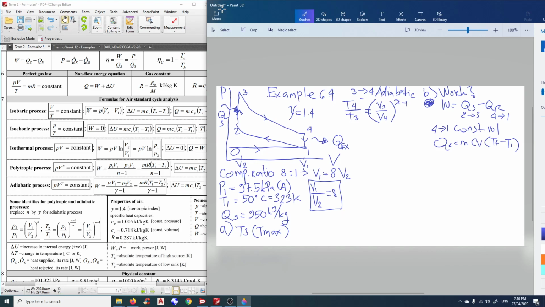We're looking for T4, and V3 over V4. Well, let's have a look at this expression again. V1 and V4 are the same because it's constant volume, so I can rewrite this. V1 is the same as V4. V2 is the same as V3 because it's constant volume.